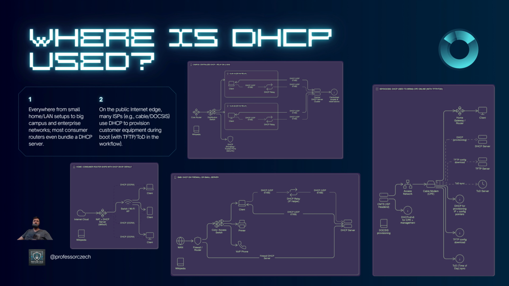Then it downloads its playbook, syncs time, and registers with the CMTS. Only after that does your home gateway run its own little DHCP for your devices. Same protocol, different arenas. From couch to campus to carrier grade, DHCP is the quiet logistics crew that keeps packets from getting lost on tour.